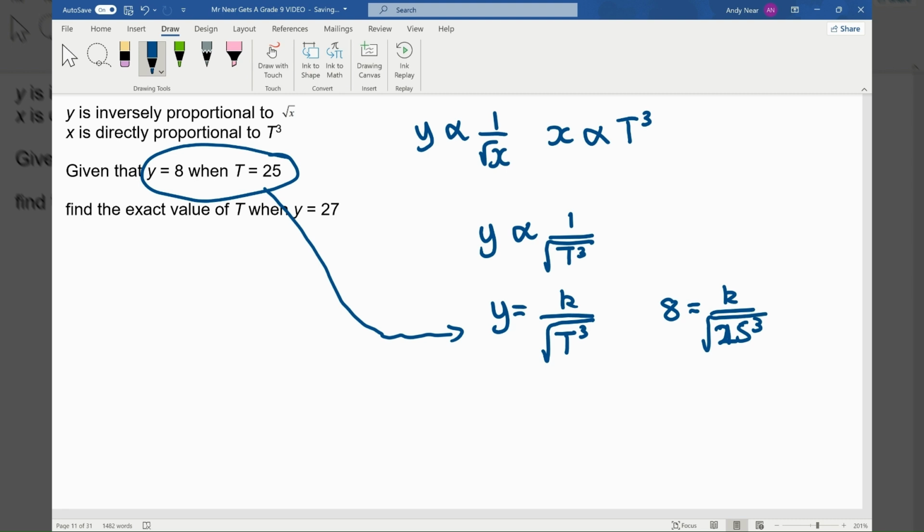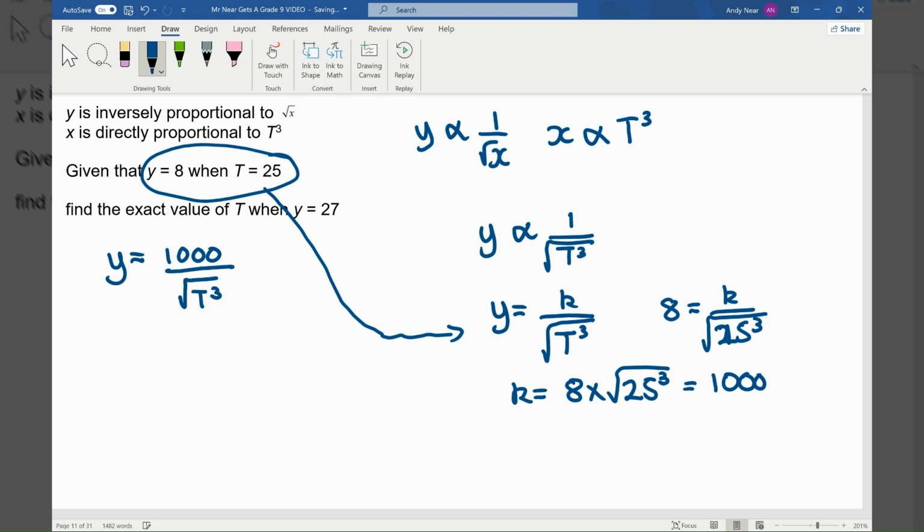And so k turns out to be 8 times 25 cubed square rooted, and that very nicely turns out to be 1,000. So my rule is now y equals 1,000 over the square root of t cubed.